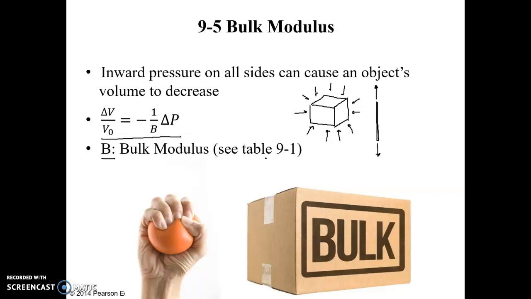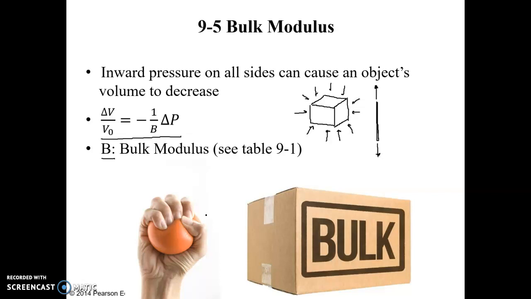It can also be found in table 9.1. That's the same table where we found the modulus of elasticity. But bulk modulus applies to liquids and gases and things that don't have a distinct shape. So they don't have a modulus of elasticity. They instead have a bulk modulus.